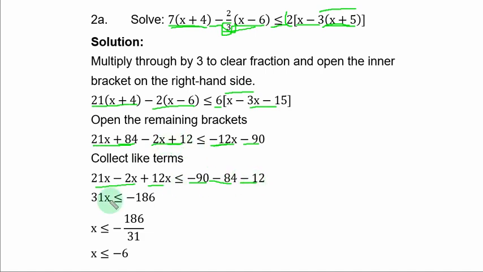So if you add, you have 31s less than or equal to minus 186. Divide both sides by 31 to get s. So s is less than or equal to minus 186 divided by 31, and s is less than or equal to minus 6.